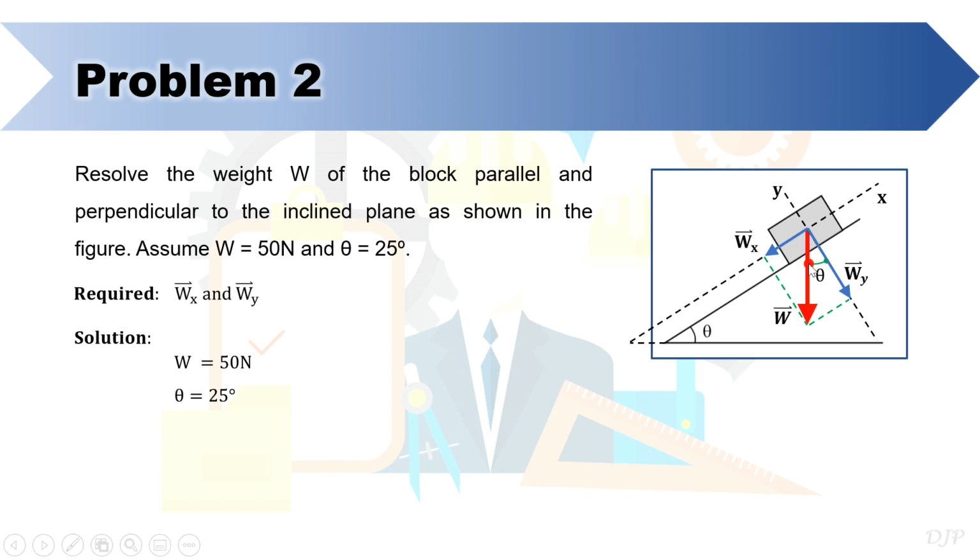To get the magnitude of the x component, we write weight sub x is equal to negative weight times sine of angle theta. The negative sign is due to the direction of the force opposite to where the positive direction is designated. By substituting the values, weight sub x is just equal to negative 50 times sine of 25 degrees, or equal to negative 21.13 newtons.